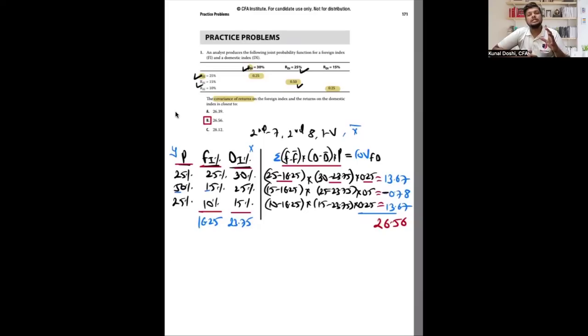Generally, in level 1, students finish the exam quite early. That's not the case in level 2 and level 3, definitely not, but in level 1, no problem. So time is not an issue. Don't worry about it taking too long.